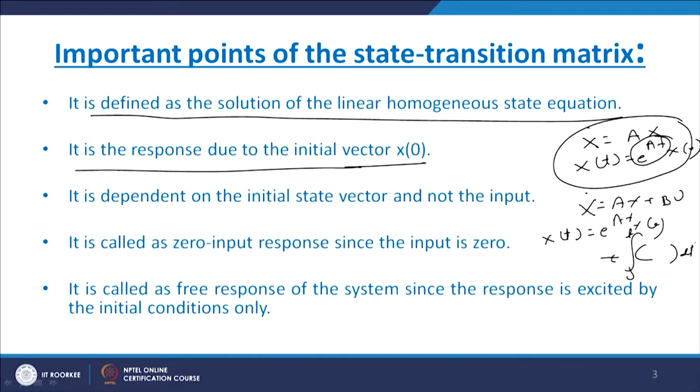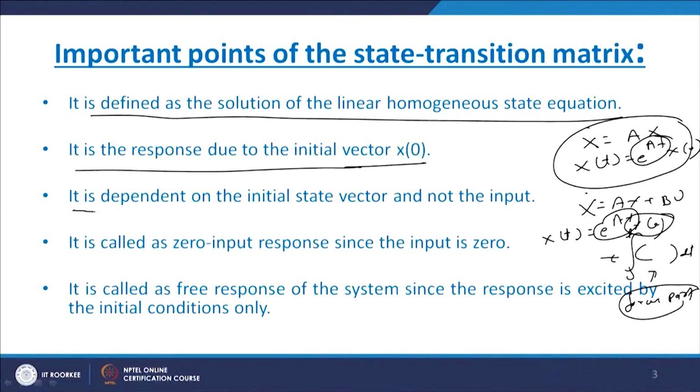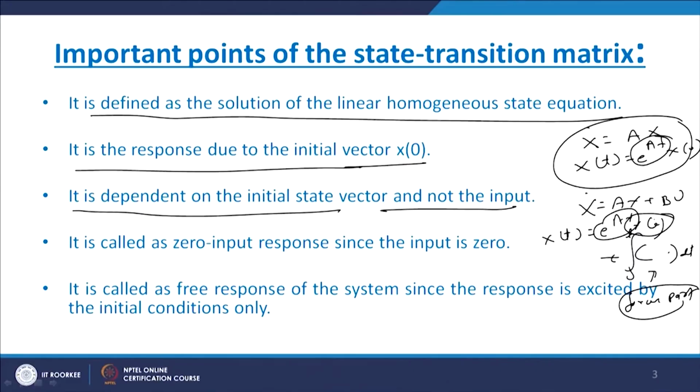In this particular case, the first term is taken care of by x naught only, whereas if you take the forced part, there is no involvement of x naught. So, what we are saying here is that the state transition matrix is dependent on the initial state vector, not the input. The input is concerned with the force part only.